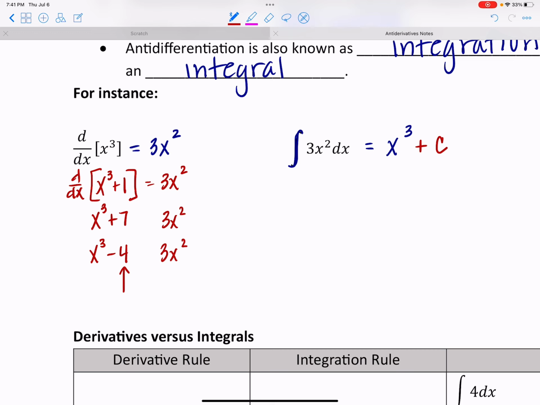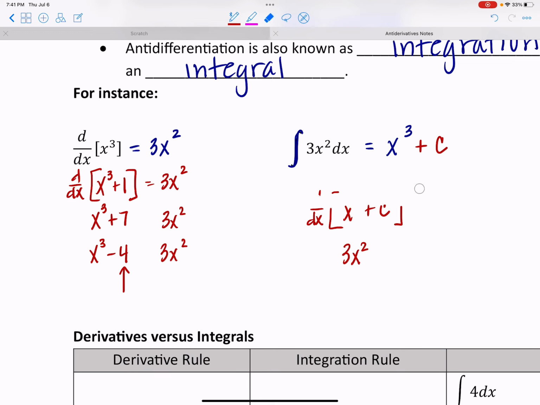So we're going to say it's x cubed plus some constant that we're going to call c. Now again, if I was to take the derivative of x cubed plus a constant with respect to x, we're still going to end up with 3x squared, and the derivative of the constant is 0, so we still end up here where we need to be.